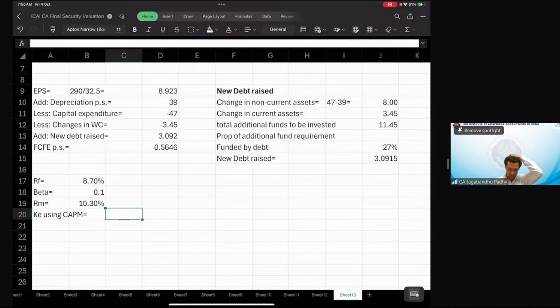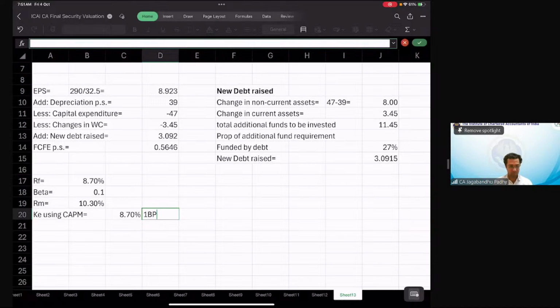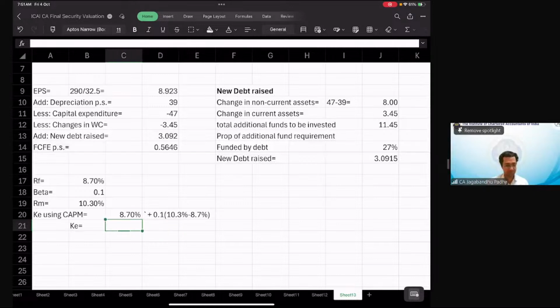So KE using CAPM will be 8.7% plus 0.1, which is beta, multiplied by 10.3% minus 8.7%. So how much is KE, guys? 8.86. So KE works out to be 8.86%, right?